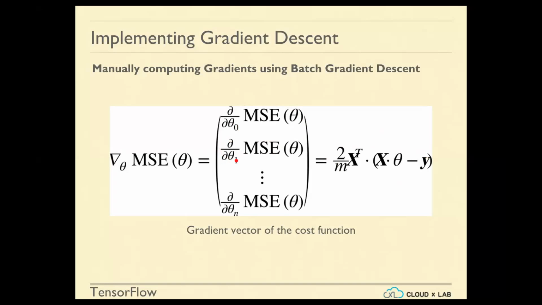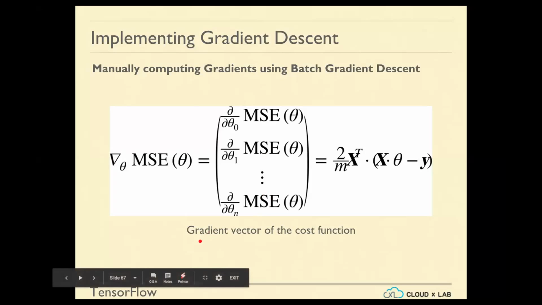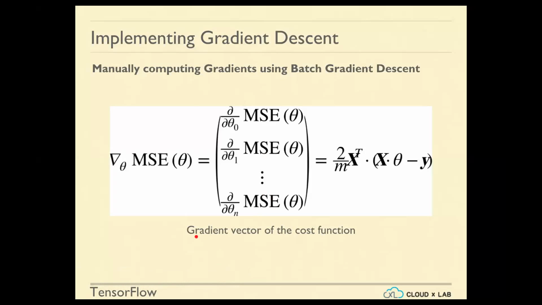Now in a physical way, when we are standing on a mountain, we only have two dimensions, x and y, right? And here we have so many dimensions. So we go in every dimension in order to minimize our error, to find out which direction is going downhill, and we start moving in that direction.